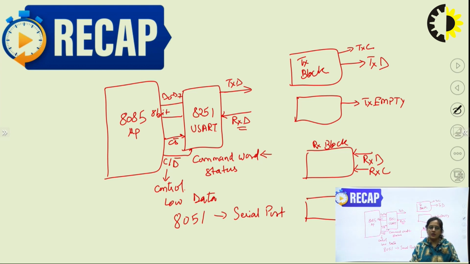So instead, we have serial port communication in the 8051, where we can transmit or receive data serially through port 3, pin number 0 and pin number 1. So in a microcontroller, we have the USART built into the 8051. So this is all about the 8251 USART IC.